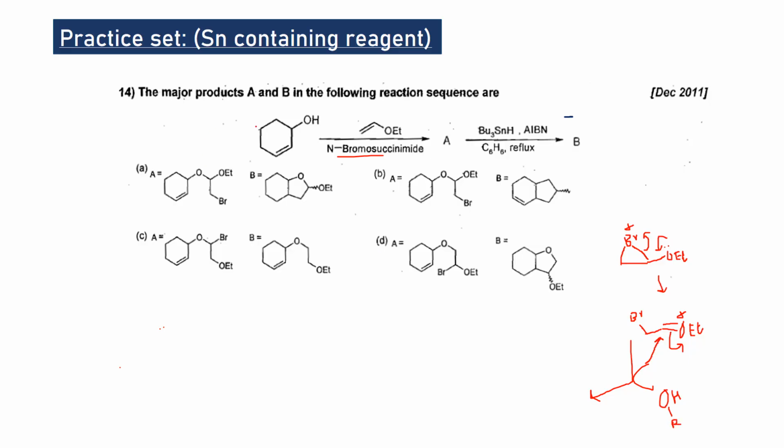I am considering this as R. Okay, so the bromine is an R group, and OEt.